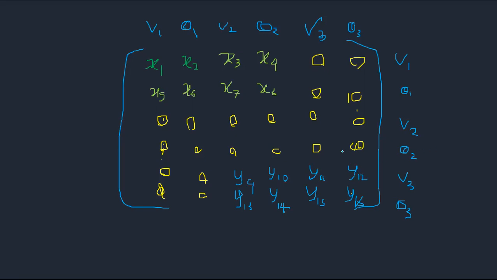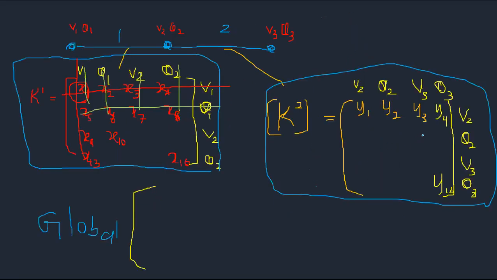So theta 1, theta 2, v3. Sorry, theta 2, theta 3. Theta 2, theta 3, that's going to be y8, right? Theta 2, v3, that's going to be y7. There's no theta 2, v3 and theta 3 here, okay?